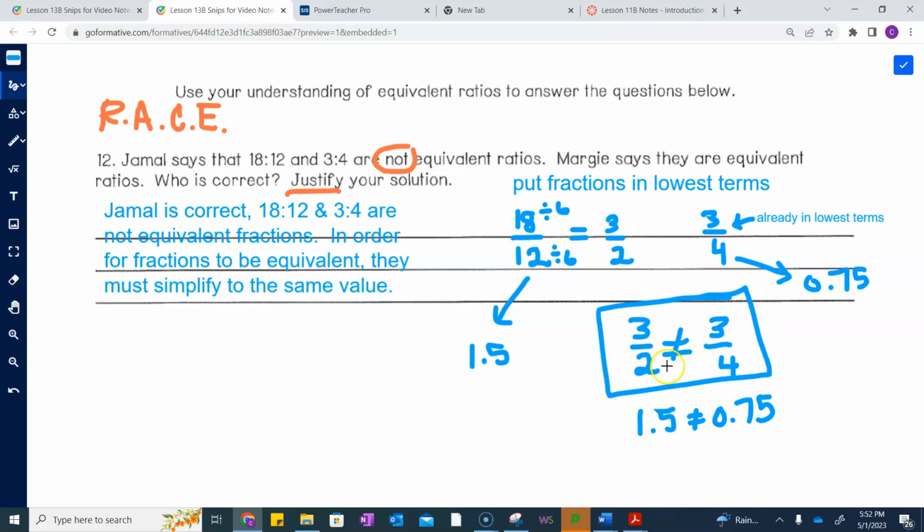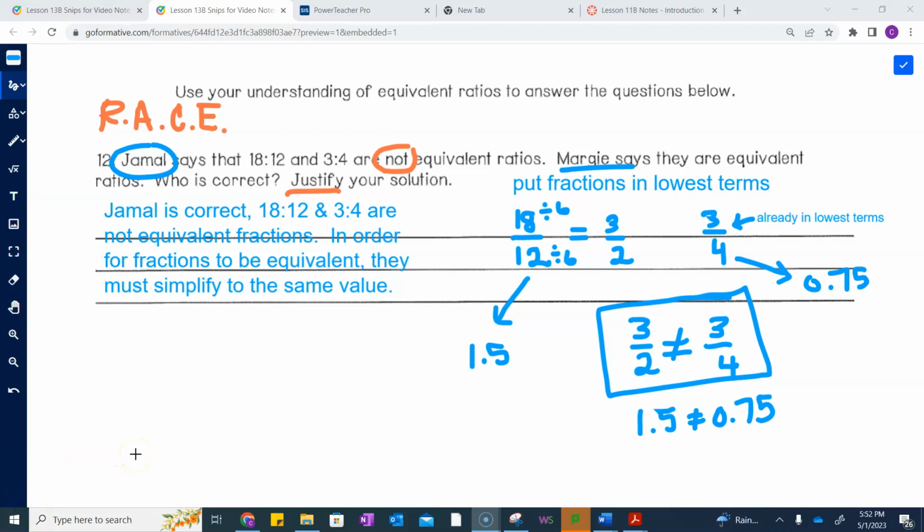They should come out exactly the same in lowest terms. Also, 3/4 is 0.75 as a decimal, and 1.5, the value of the fraction 3/2, does not equal the value of 3/4. They're different decimal values. So that is how come Jamal is correct and Marge is incorrect.